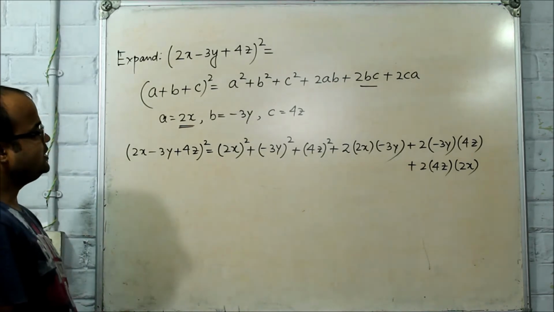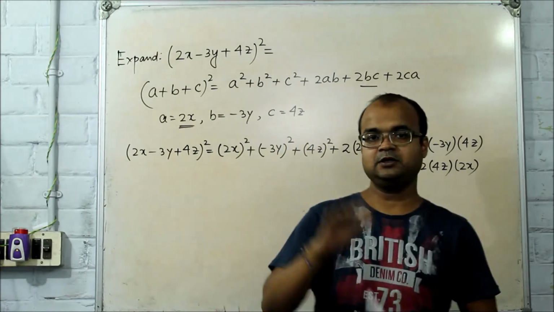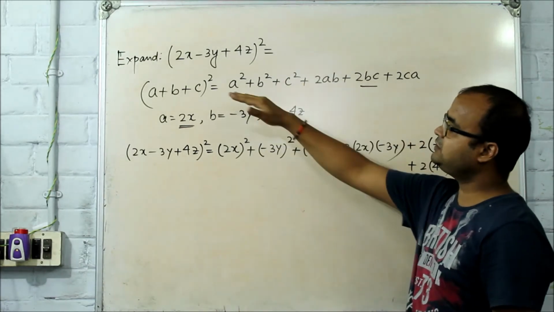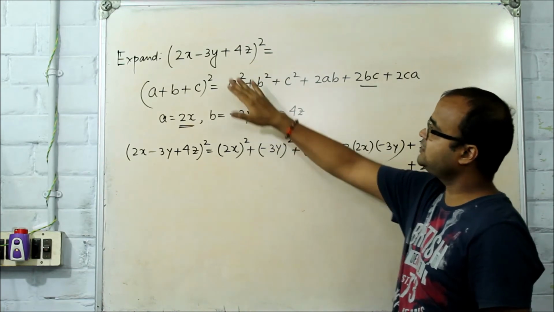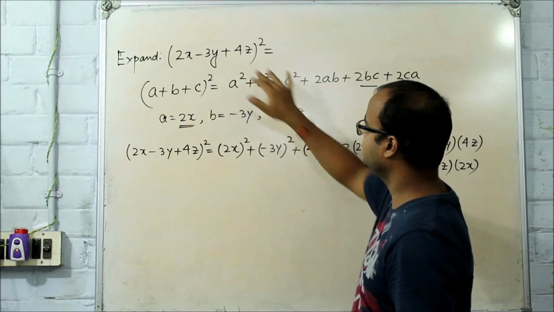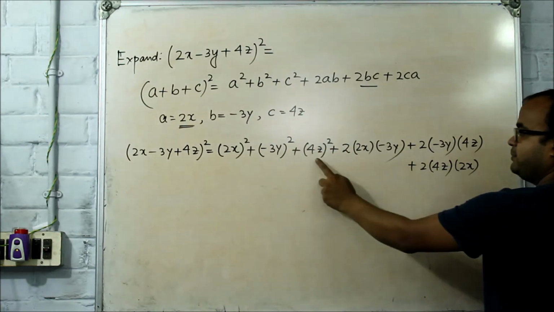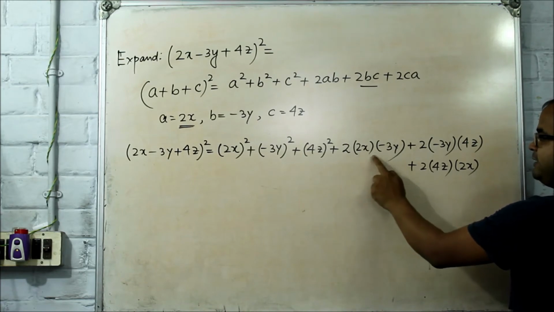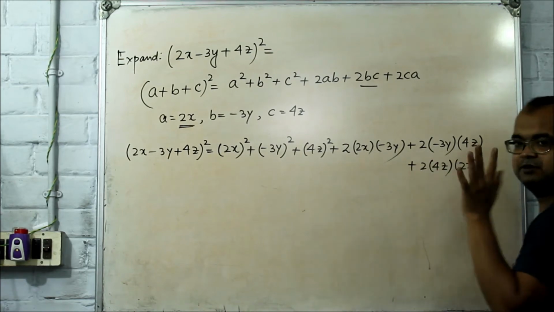Clear? So first, whenever the term is given, you just compare with the formula (a + b + c) square and compare the terms. So here a is equal to 2x, b is equal to minus 3y and c is equal to 4z. And then a square plus b square plus c square plus 2ab plus 2bc plus 2ca.